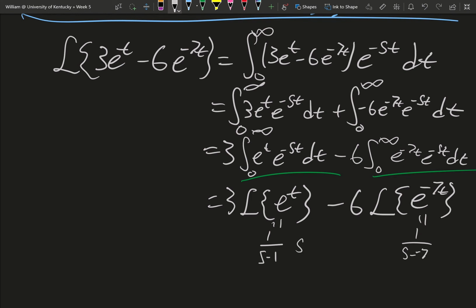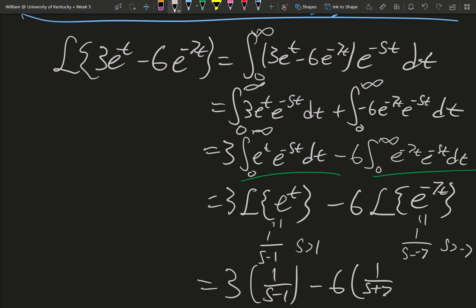Should be noted this is valid for s greater than 1, and this is valid for s greater than negative 7. So then what I get is 3 times 1 over s minus 1 minus 6 times 1 over s plus 7.